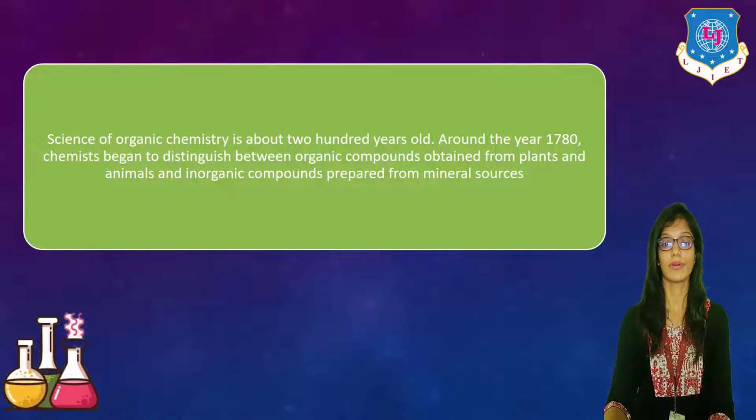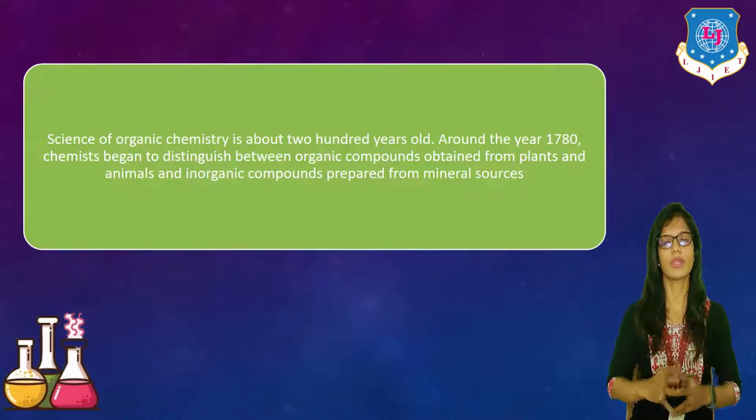Around the year 1780, chemists began to distinguish between organic compounds obtained from plants and animals and the inorganic compounds which are prepared from mineral sources.